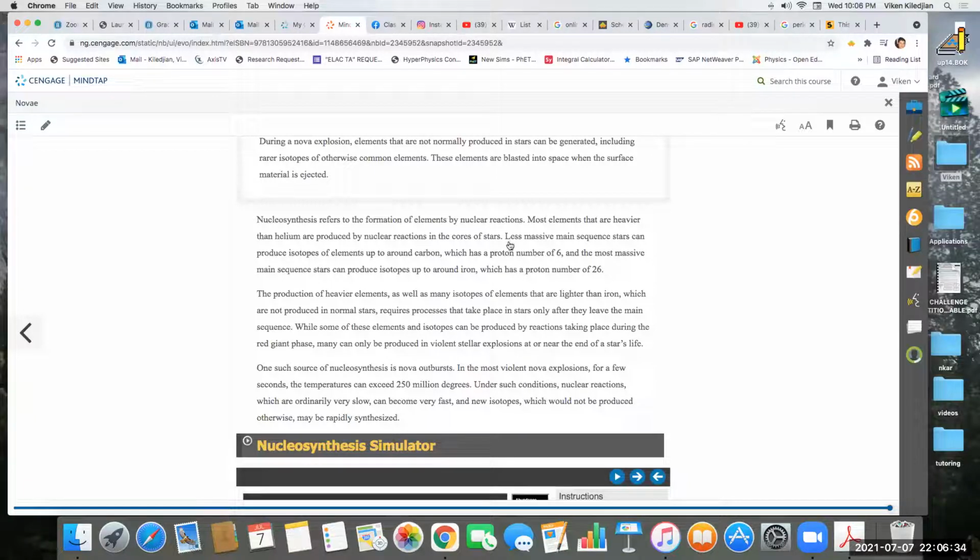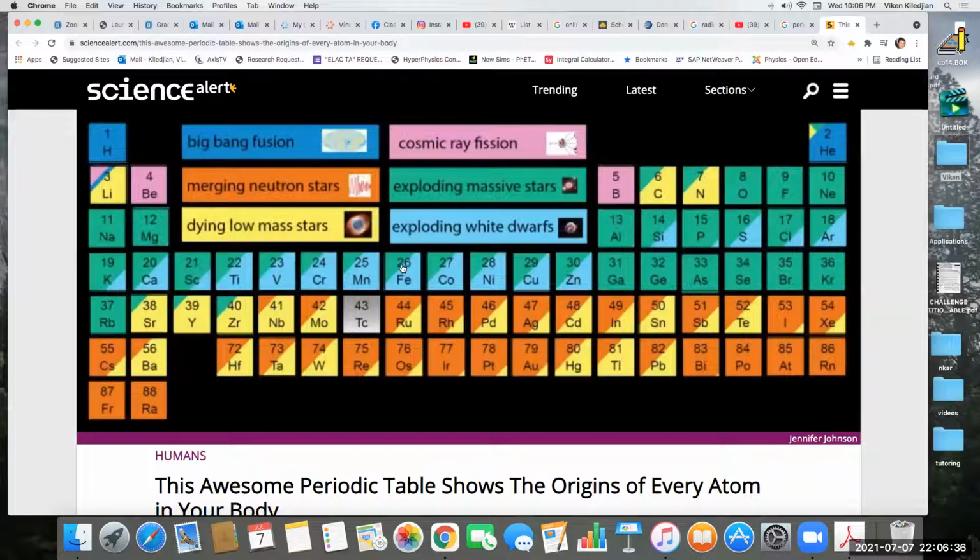So iron is up to 26. They're also producing, in exploding massive stars, a little bit of cobalt, nickel, copper, zinc, and even these, up to krypton and rubidium. After that it kind of slows down.